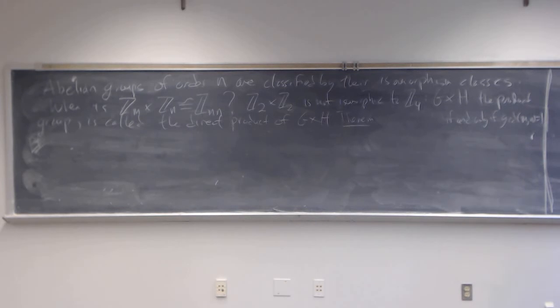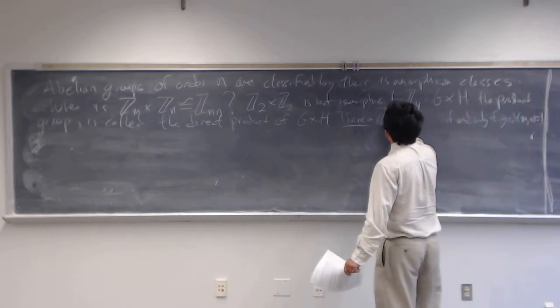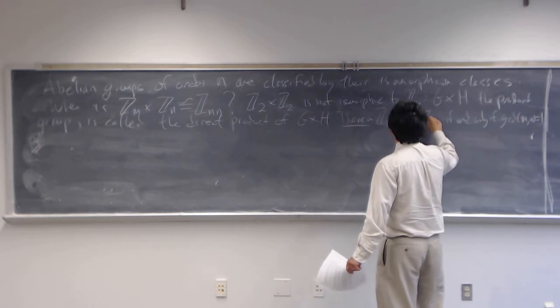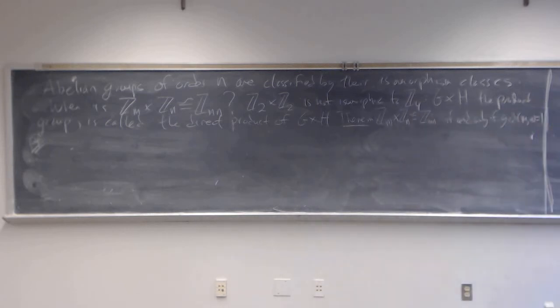Certainly Z mod n cross Z mod n, those two groups are isomorphic if and only if m is equal to n. So what I meant to say is the direct product Zm cross Zn is cyclic, and so isomorphic to Zmn, if and only if the GCD of those two is equal to 1.